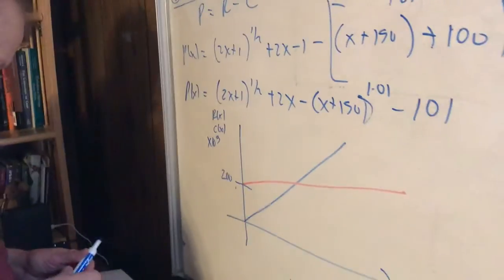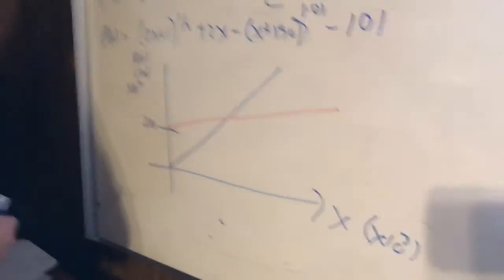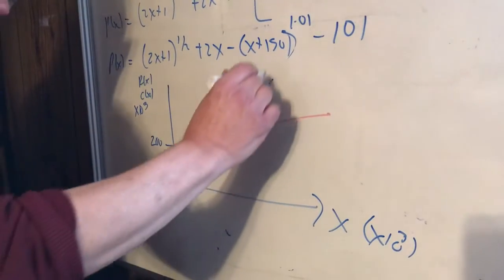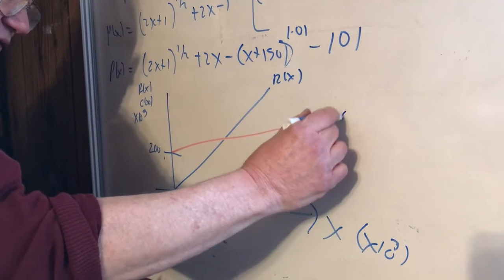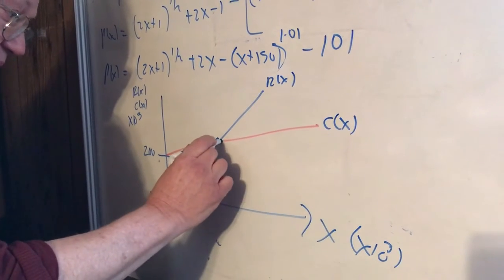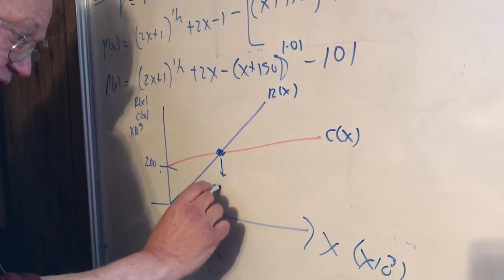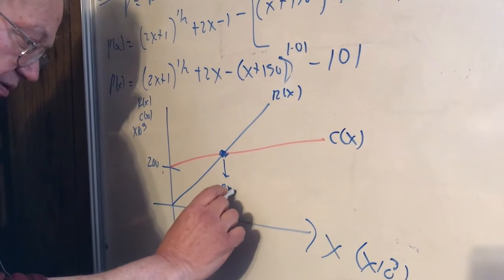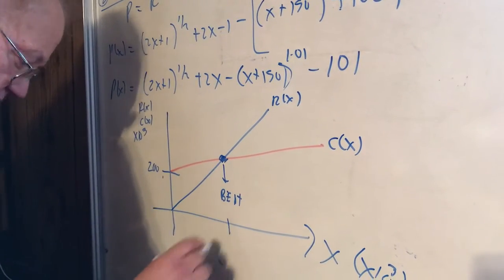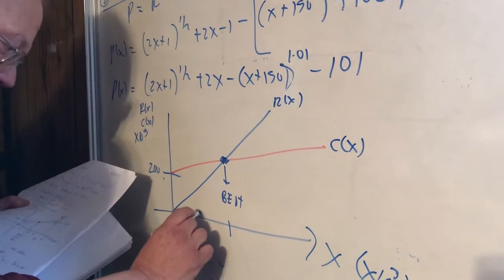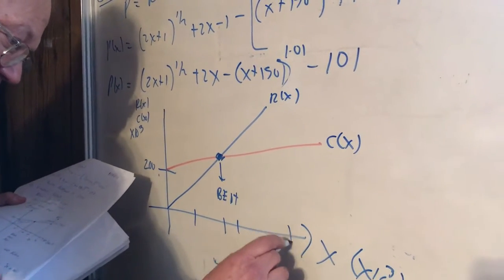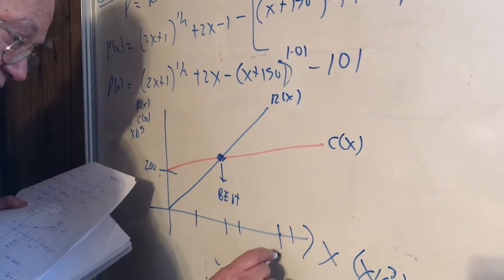This is going to be your revenue graph, and this is going to be your C of x. Notice this is your break-even point. Remember that? Break-even point, which we're not really interested in here. Let me write this here: it's 50, 100, 200, and this is going to be 180.